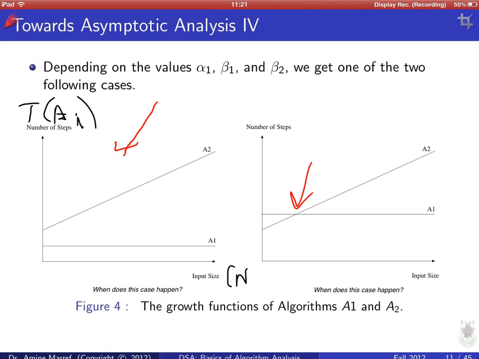So let's just recap. What we have seen is we said that we want to do the analysis of algorithms. We have talked about absolute and relative efficiency.